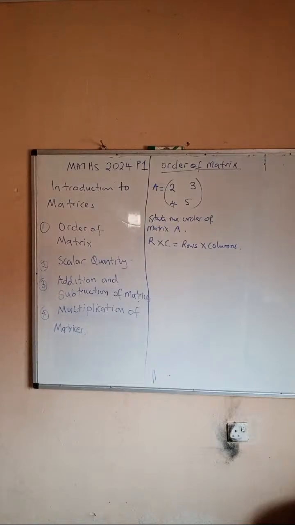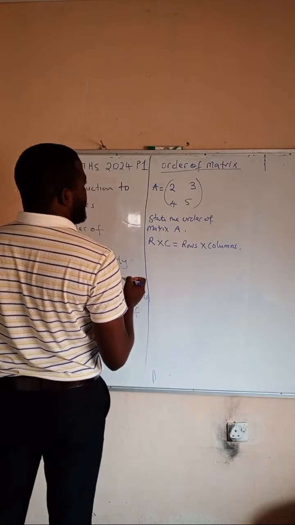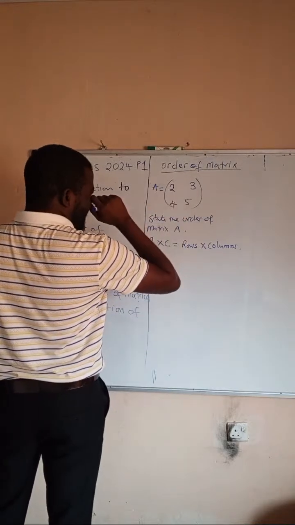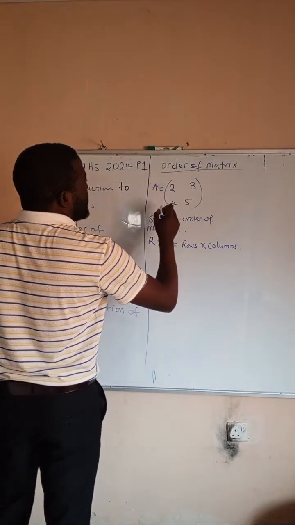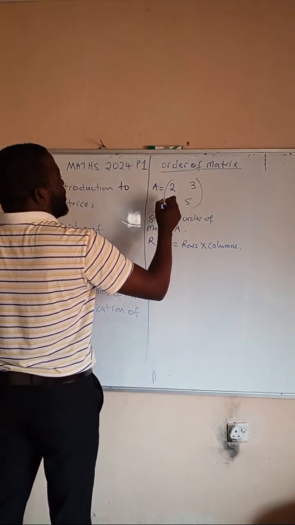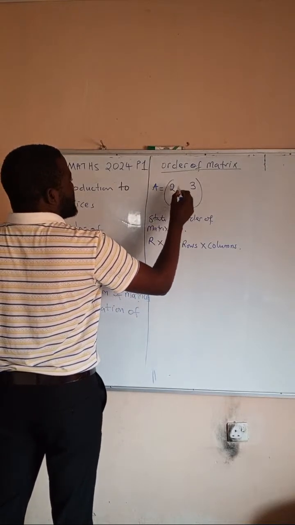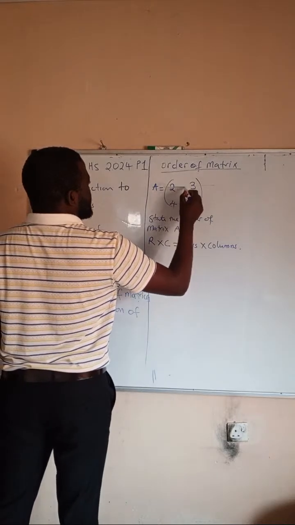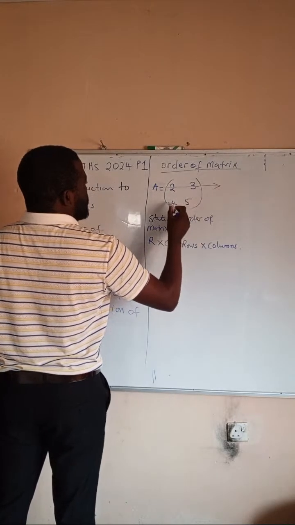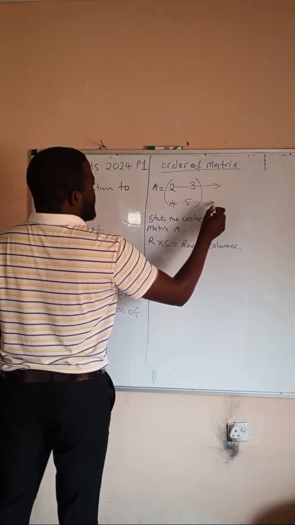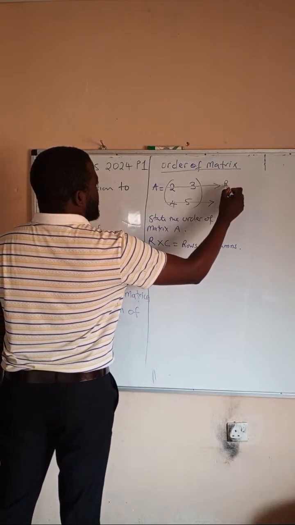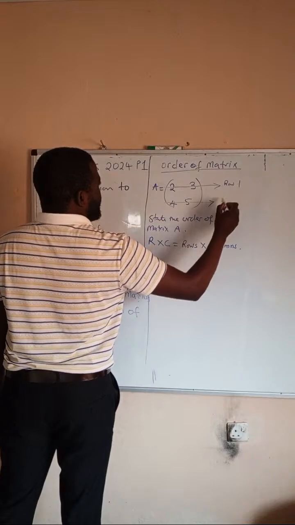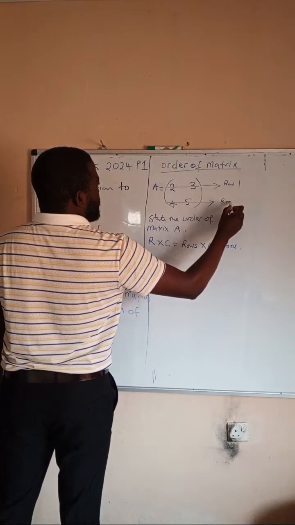So, what do you see? When I say rows, what do I mean? Rows are these. If I draw a line like this, horizontal means rows. So, this is row 1. This is row 2.